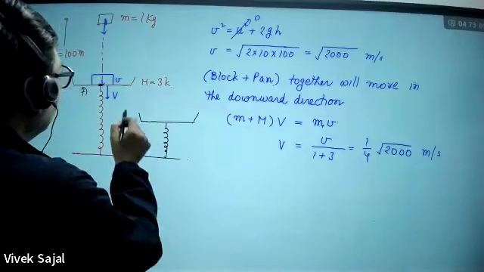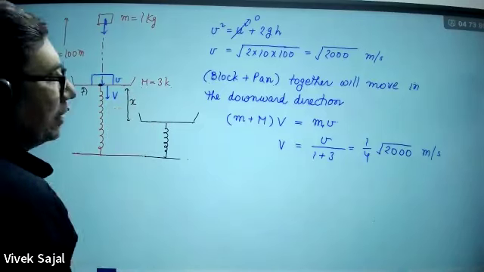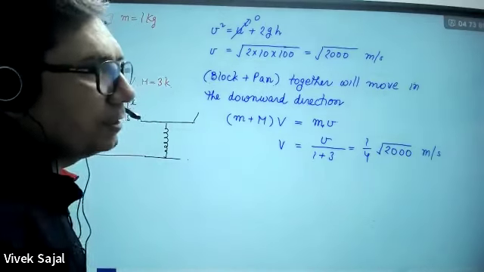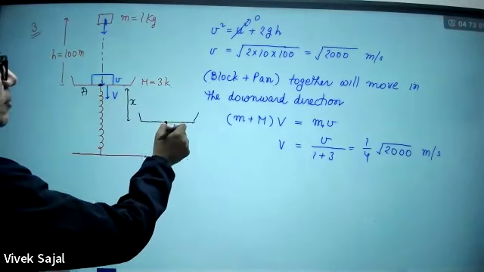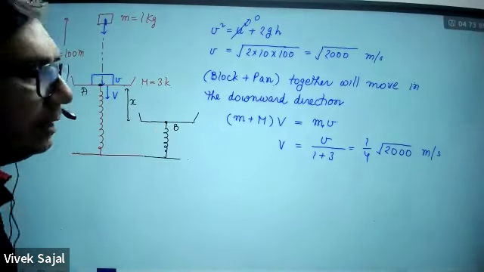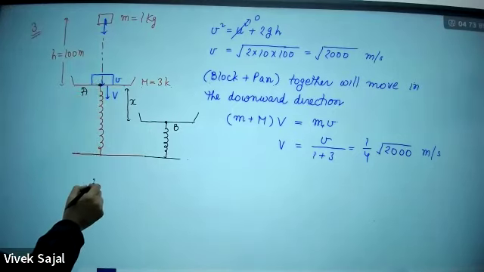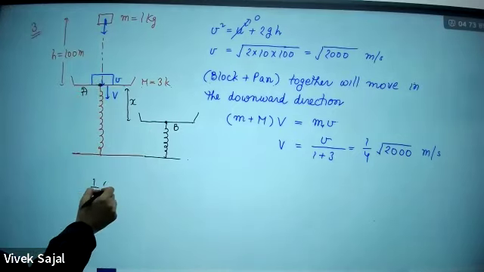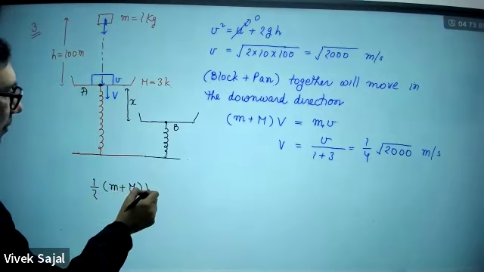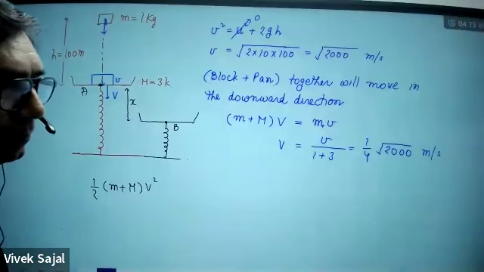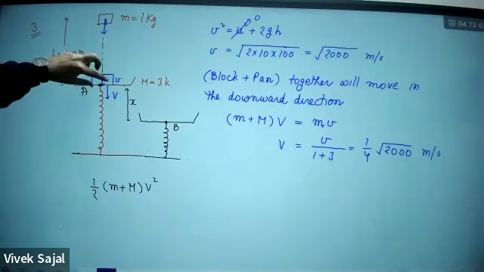Suppose the pan will go down by a distance x, or the spring will be compressed by x, maximum compression, and this position I'm saying is B. So apply conservation of energy at A and B. What is the kinetic energy at this point? Kinetic energy will be 1 by 2 (m plus m) V square. This will be the kinetic energy of block plus pan.